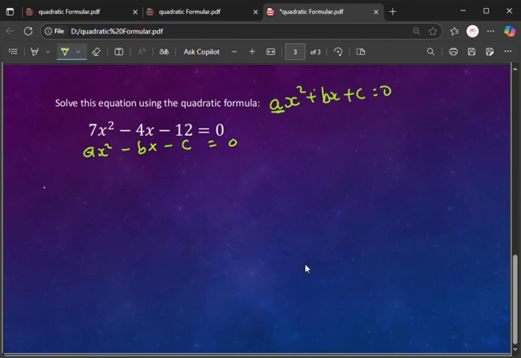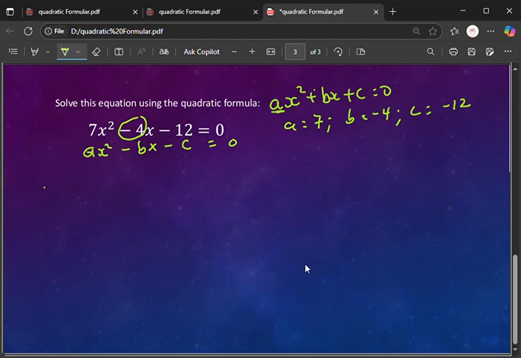So a is 7. B is 4, no. B is, okay, we take it literally as it looks like. So it's negative 4, and then c is negative 12. Okay, you take the coefficients the way they are in the equation.